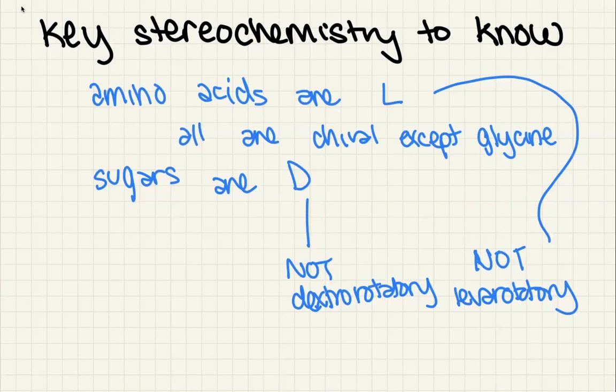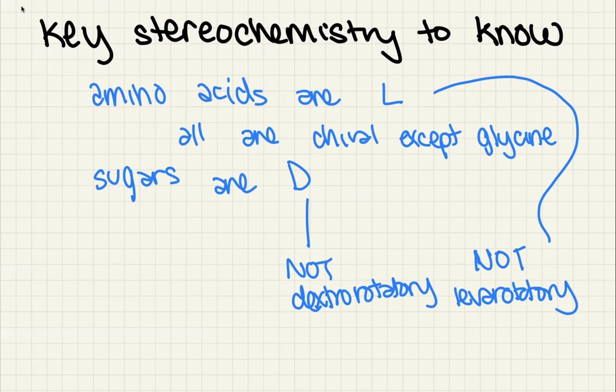And similarly, in the case of the sugars, not all D sugars are dextrorotatory, but basically that's based off of the configuration, the light rotation of the simplest monosaccharide, D-glyceraldehyde. And so if things are in the same orientation as D-glyceraldehyde, then they're called D, but not all of those are dextrorotatory.